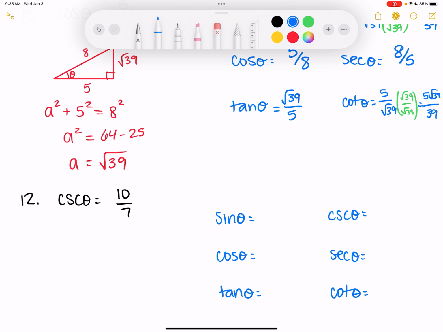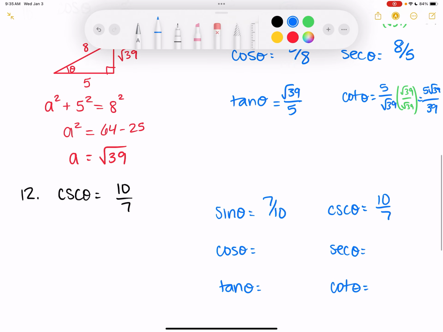All right, so they gave me cosecant, which is 10 over 7. So I know sine must be 7 over 10.